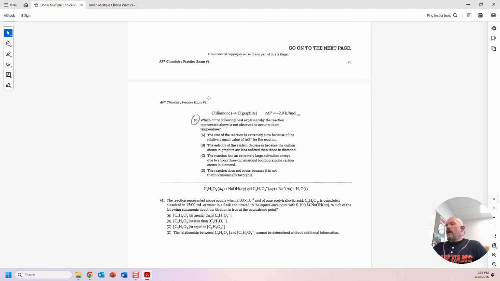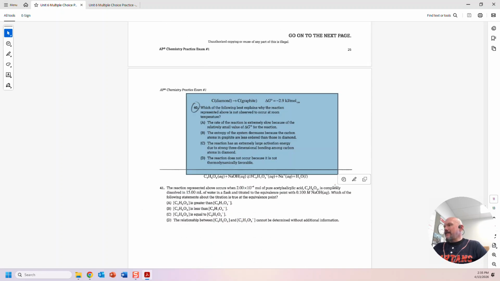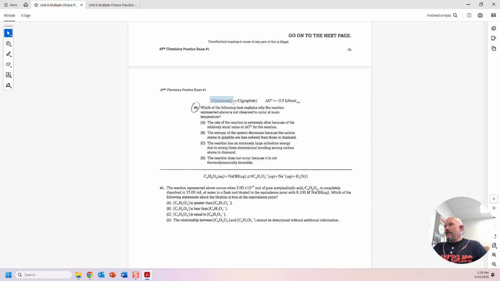All right, this is another one of those ones that ties in with Unit 7. They give us this equation, carbon diamond turning into carbon graphite. And notice the delta G is negative. It's thermodynamically favored, but it doesn't happen, right? Your diamond in your diamond ring doesn't all of a sudden turn into graphite.